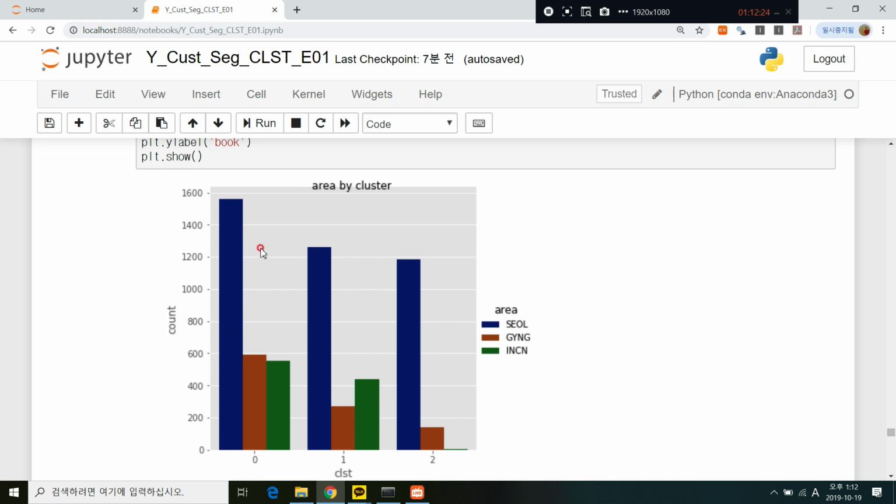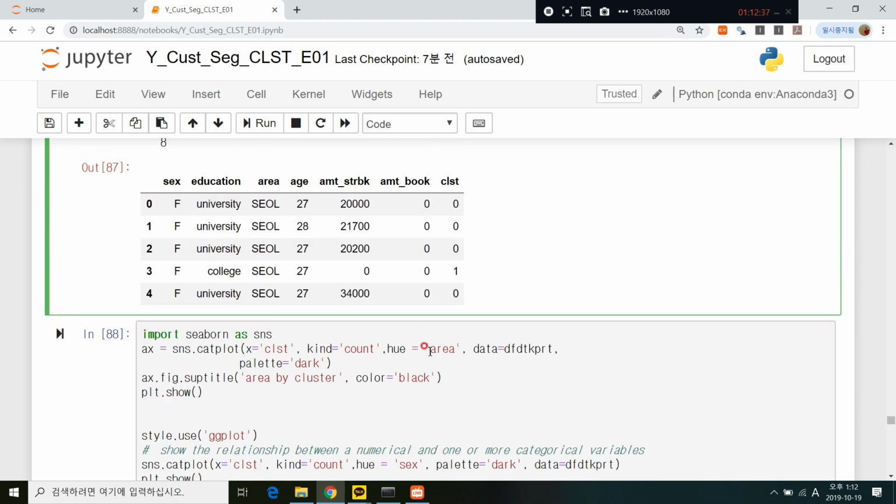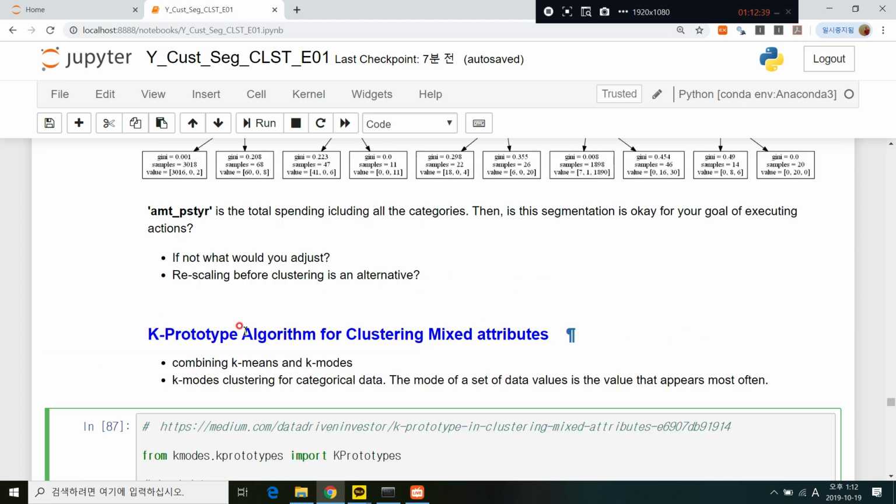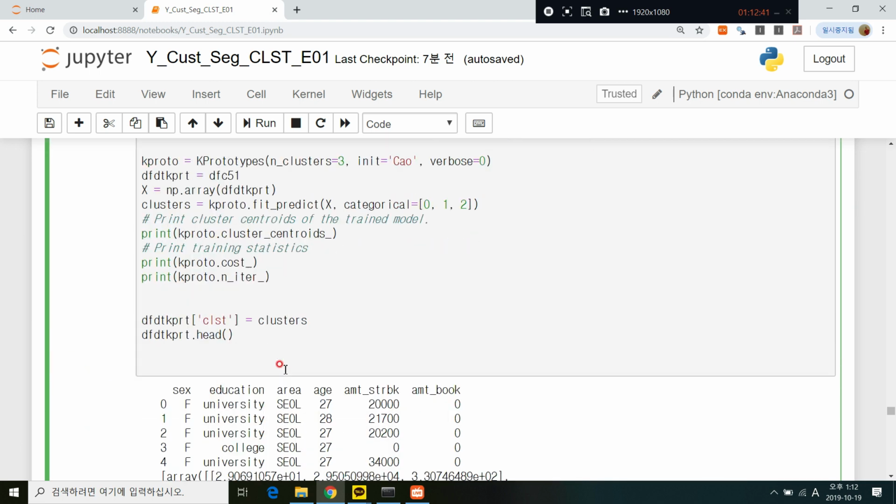So we can see that area has some impact in producing the final results of clustering, because we used the K-prototype algorithm.